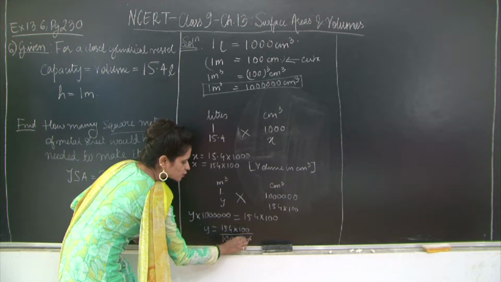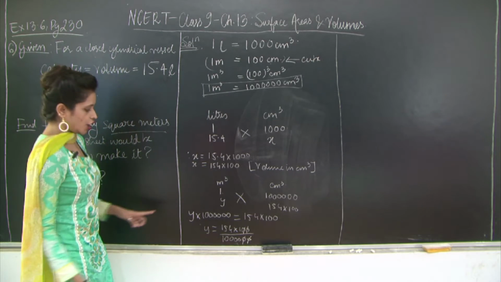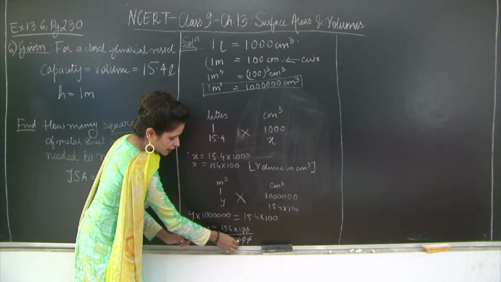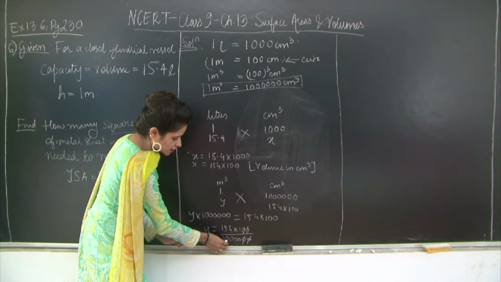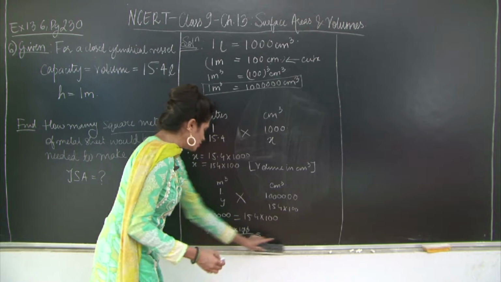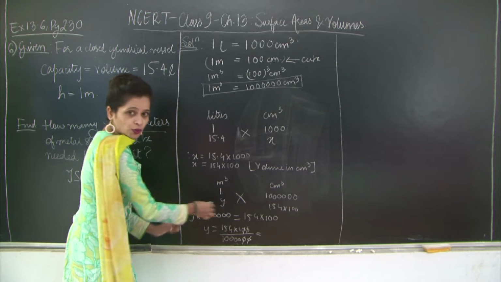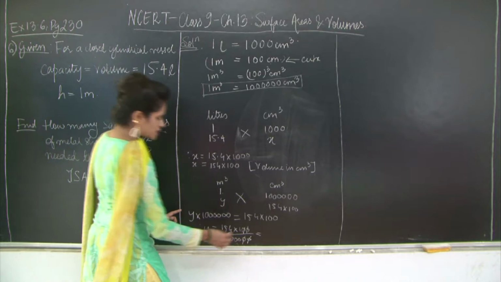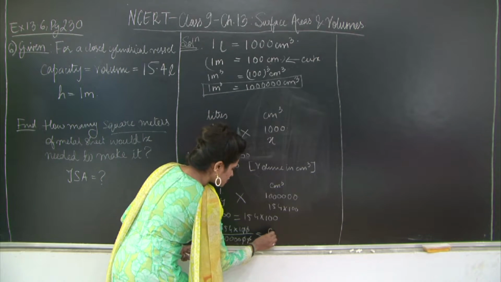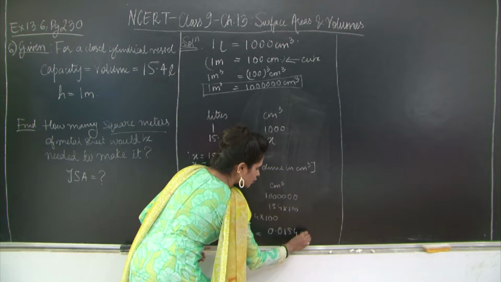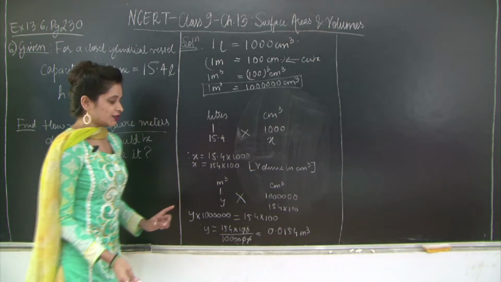So 2 of the zeros will strike off with these 2 zeros. What are we left with? We are left with 154, and in the denominator, how many zeros after the 1? 1, 2, 3, 4. So going backwards towards the left by 4 decimal places in order to get rid of these 4 zeros in the denominator, we get 0.0154 meter cube.